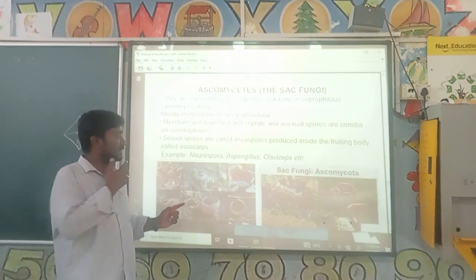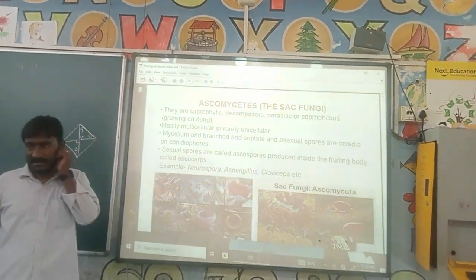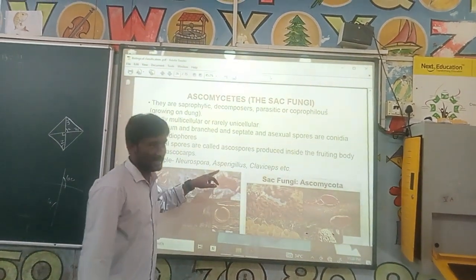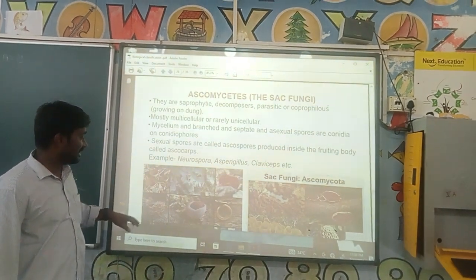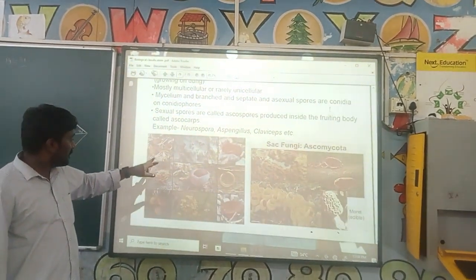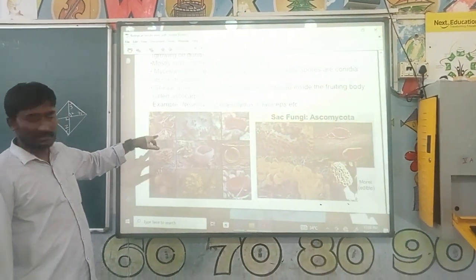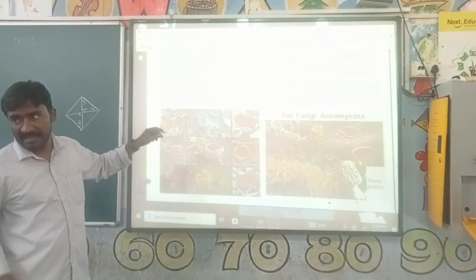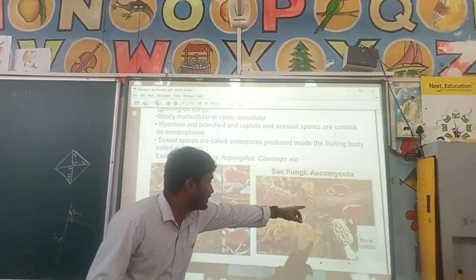Aspergillus and Penicillium also, and Claviceps. Also Peziza, Penicillium, Aspergillus. These are Ascomycota.